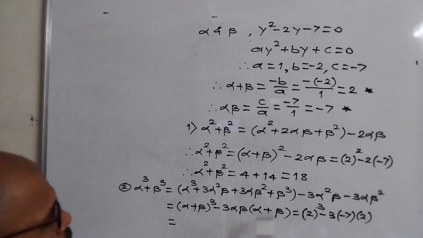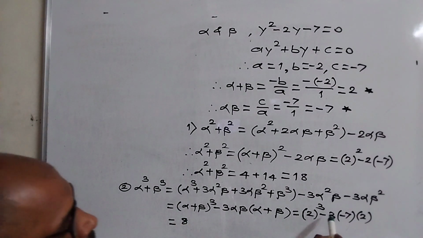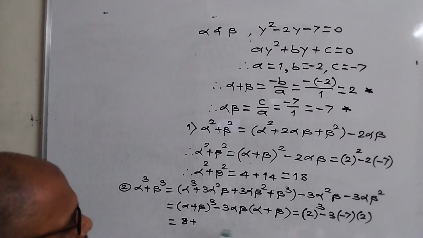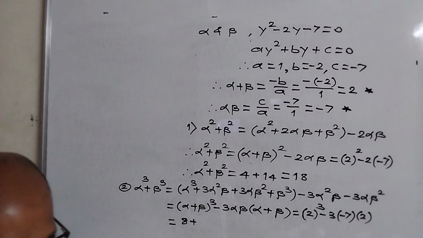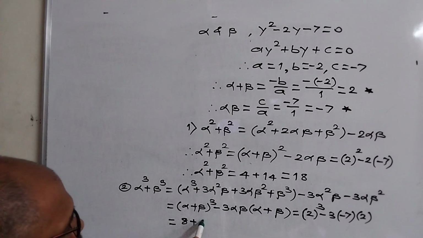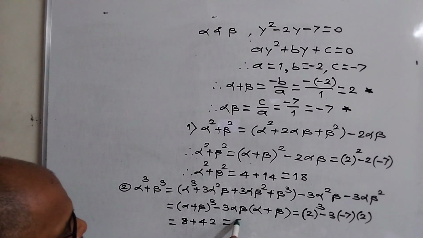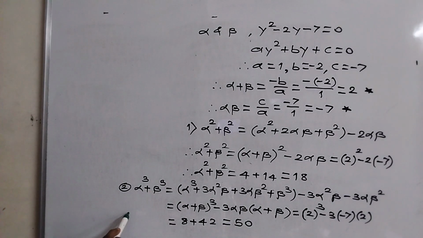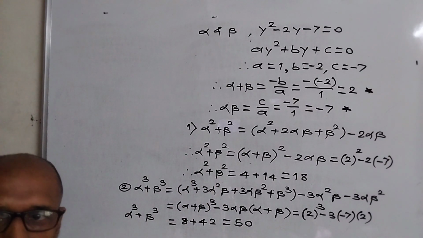Therefore, 2 cube 8, minus into minus plus 3 into 7, 21, 21 into 2, 42. 8 plus 42, 50. Means these are the values of alpha square plus beta square and alpha cube plus beta cube.